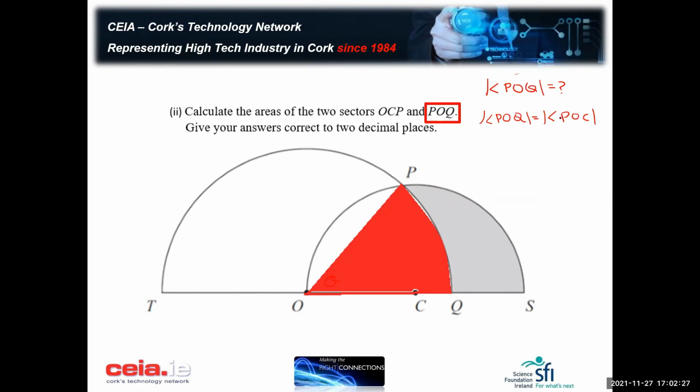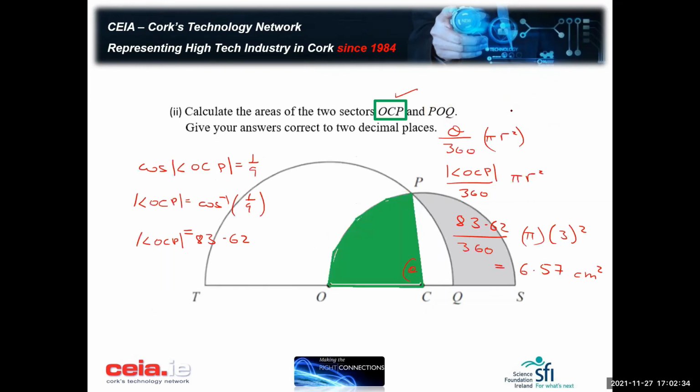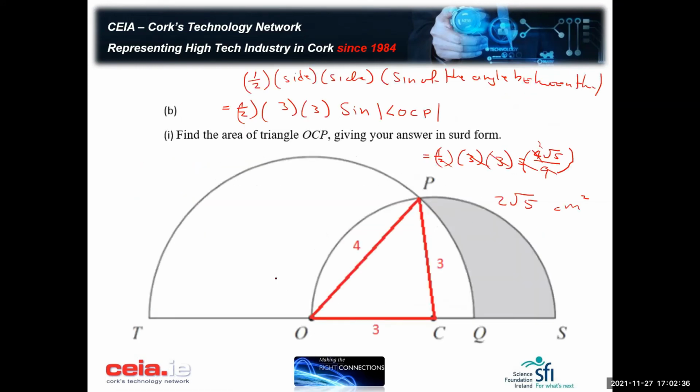If we go back to this particular diagram, we said that the measure of angle POQ equals the measure of angle POC. They're basically the same angle there. But we know that in this triangle POC, the sum of the angles is 180 degrees.